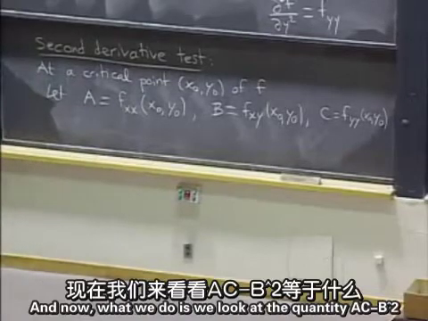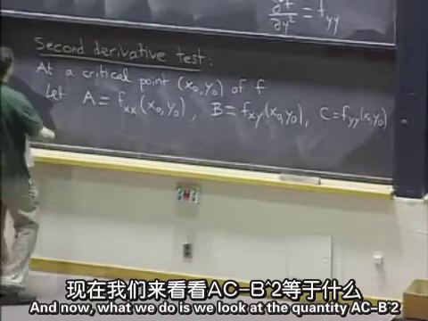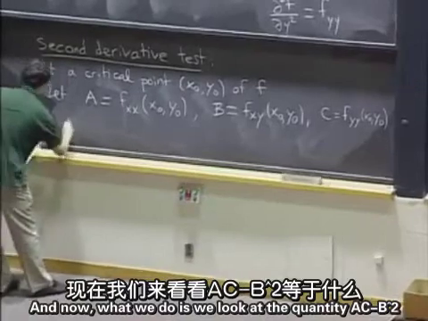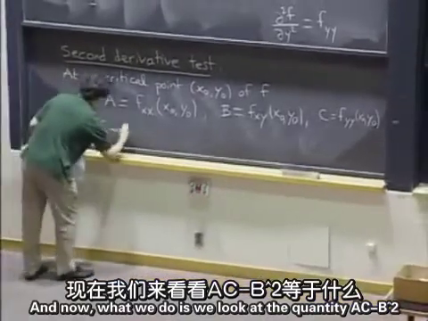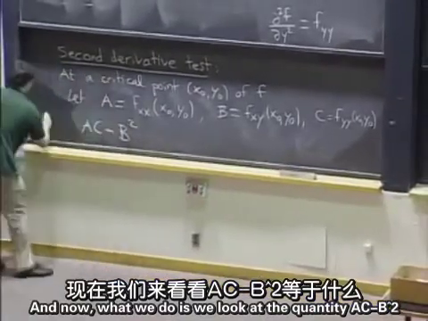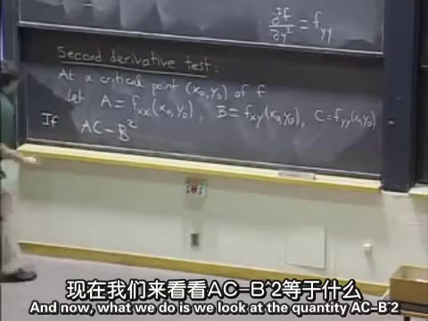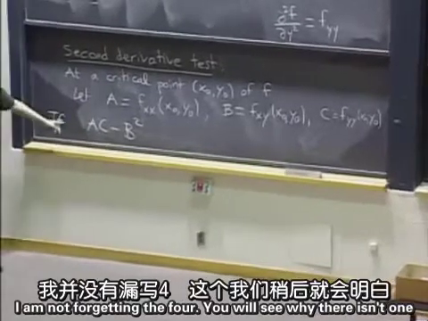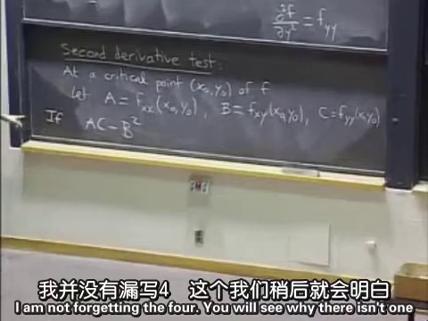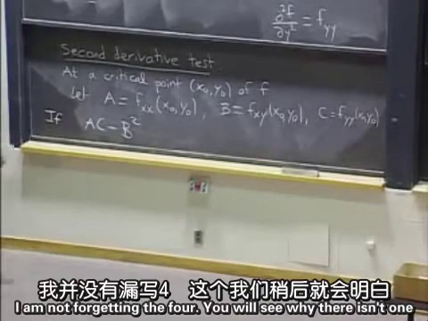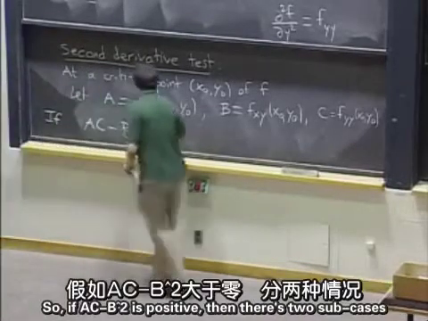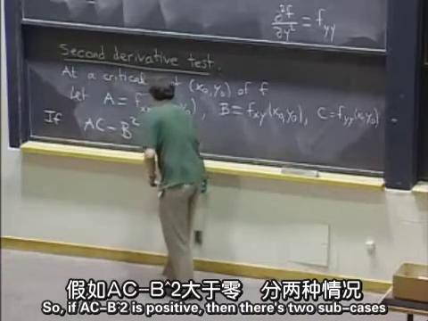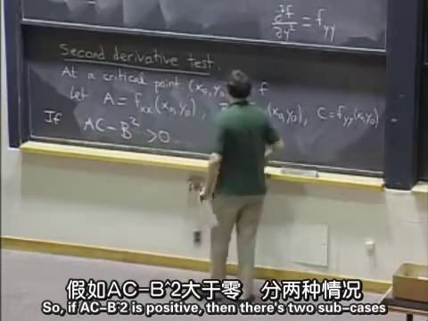And now what we do is we look at the quantity AC minus B squared. I am not forgetting a 4. You will see why very soon. So if AC minus B squared is positive, then there's two subcases.